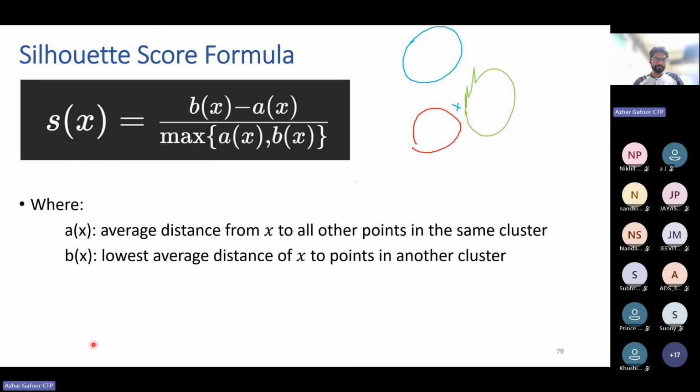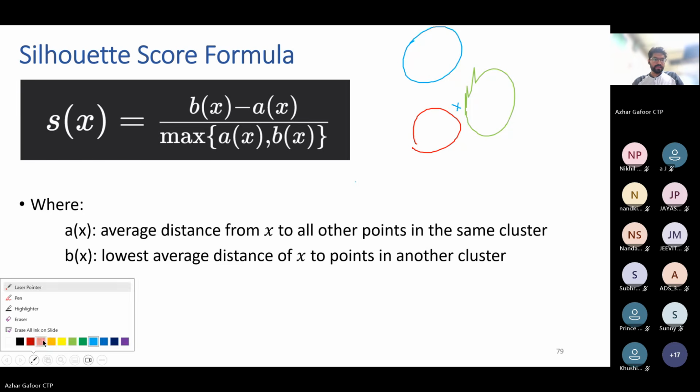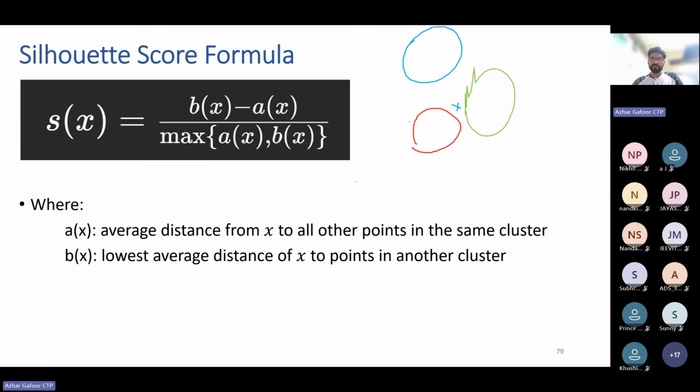Whereas if you're trying to calculate the silhouette score of the new red point, the red point is within the red cluster. So the distance or AX will be calculated based on this cluster. Then we have this green circle, the green is the cluster which is near to red. So BX will be calculated based on that.